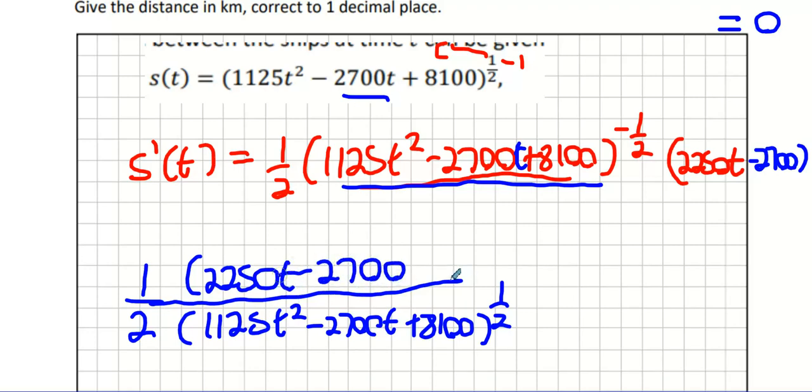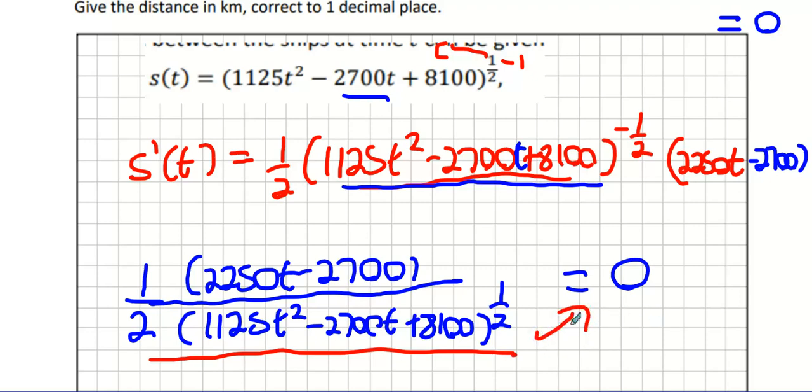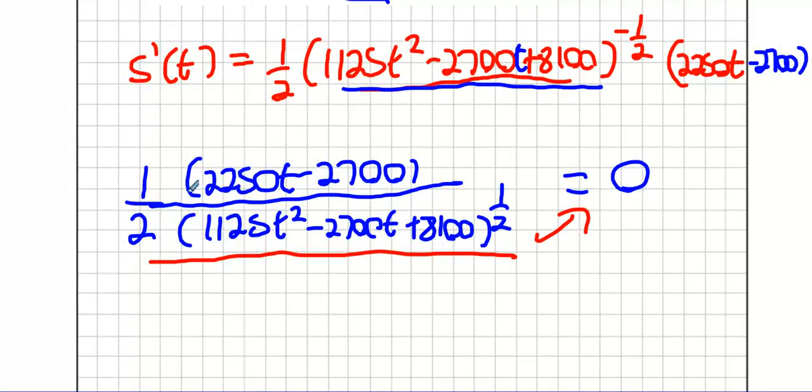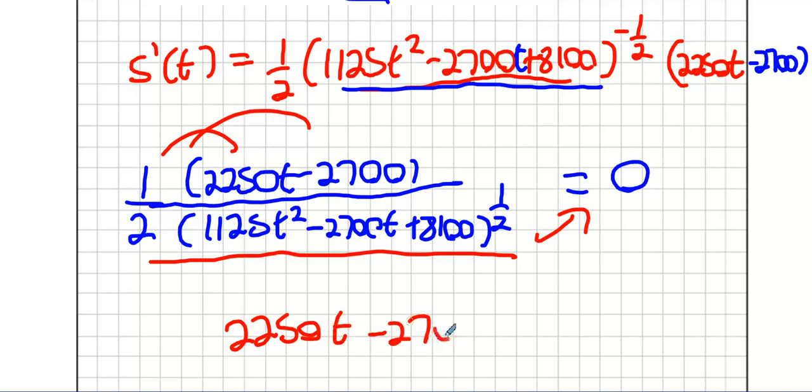Now remember, the first derivative equals 0. So when we cross multiply up the denominator, it's getting multiplied by 0, therefore it disappears. So what we're going to be left with is 2250 t minus 2700 equals 0.